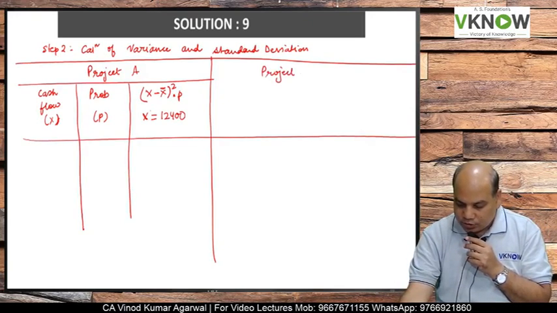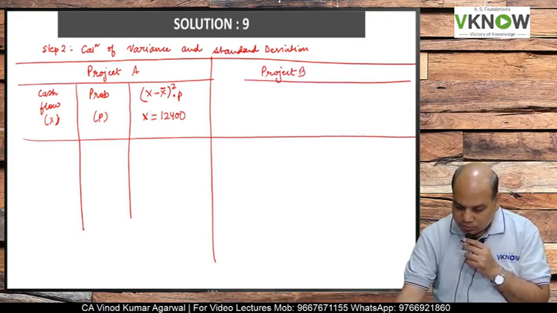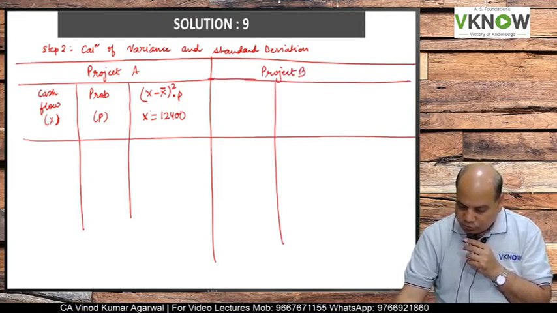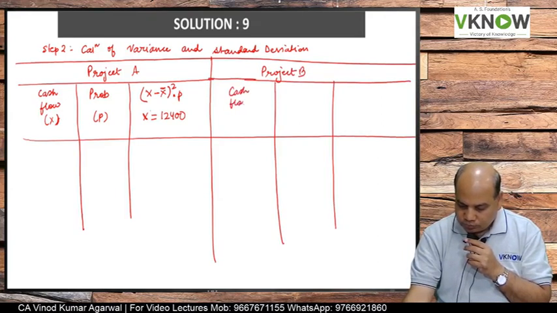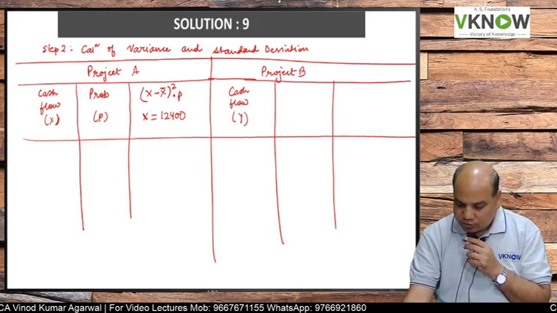And then we have project B, same 3 columns. First you write down cash flow. This time you write Y just to differentiate.